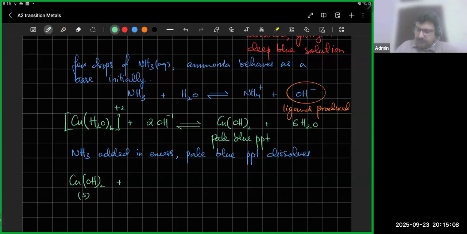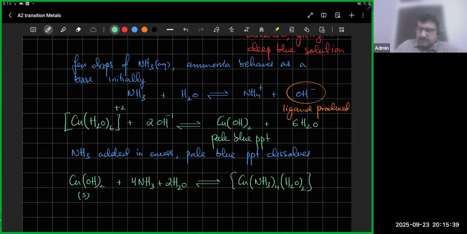So let's say aqueous ammonia. Aqueous ammonia will have ammonia as well as water molecules. Again, all of these are reversible reactions. They could happen in the other direction as well. So your copper now gets surrounded by ammonia again, and maybe some water molecules, or maybe all six of them could be ammonia.